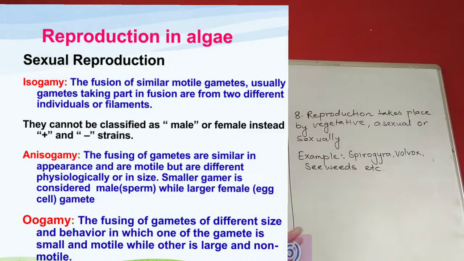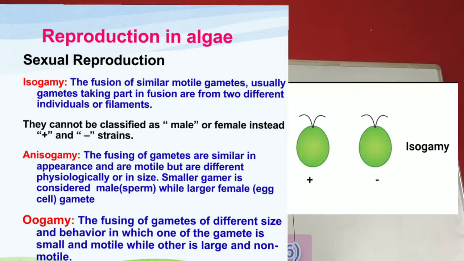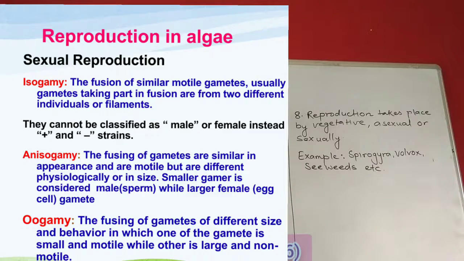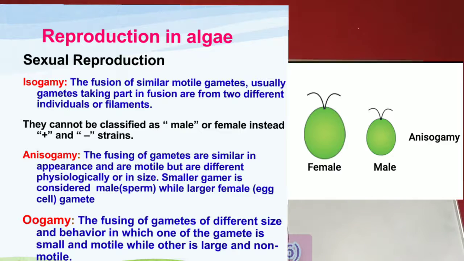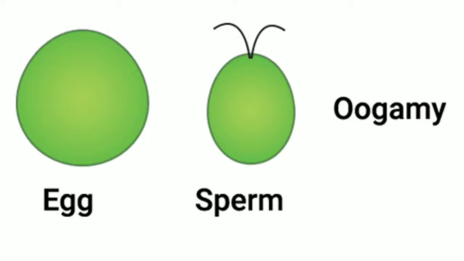Iso means same, so fusion of similar gametes occurs, like in Spirogyra. Another type of gamete fusion, anisogamy, occurs in Chlamydomonas, and similarly in Volvox, oogamy occurs.